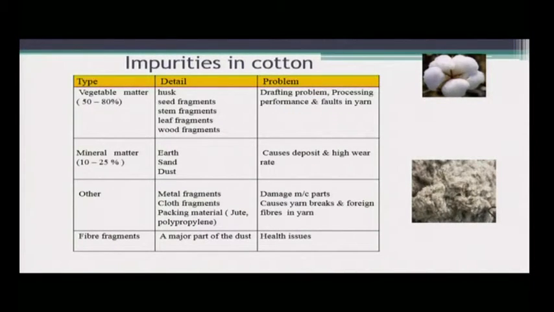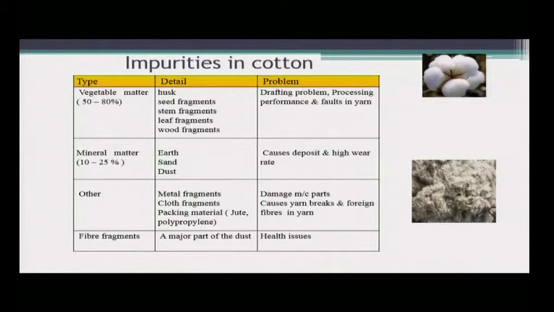Anything that you use to wrap it, part of these also gets included and actually goes through the blowroom operation, carding operations. And the damaged machine part causes yarn breaks and leads to fine fibers in the yarn. Therefore, they lead to dyeing problems in the cloth.